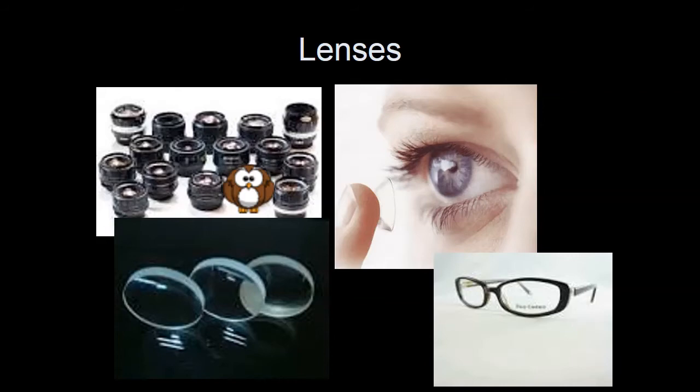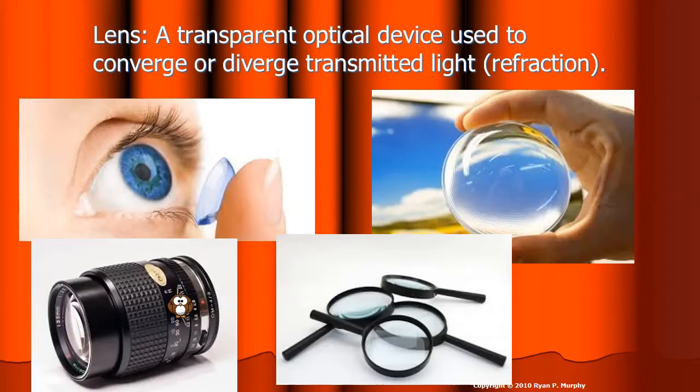When we're talking about reflection, we're mainly talking about mirrors, and sometimes we're also talking about all the other things around us that we see. When we're talking about refraction, we're talking about lenses. So keep those straight. Reflection goes with mirrors, refraction goes with lenses.